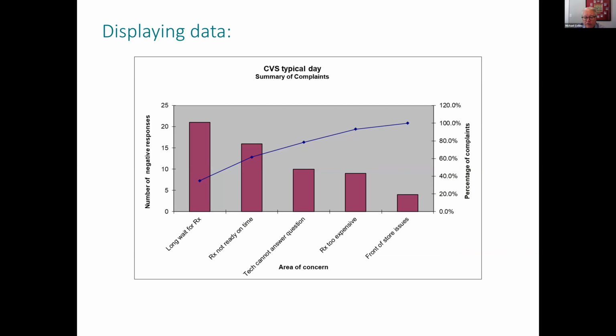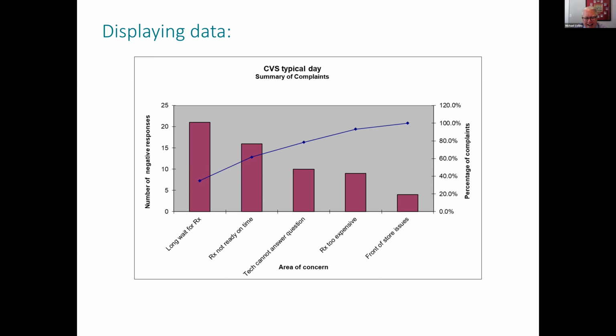This is displaying qualitative data. This is a case study analysis for the CVS case, which I use as a customer service example. It's a Harvard business case, and I have students look in the case study. It gives some data about typical complaints, like long waits or the prescription not being ready on time.